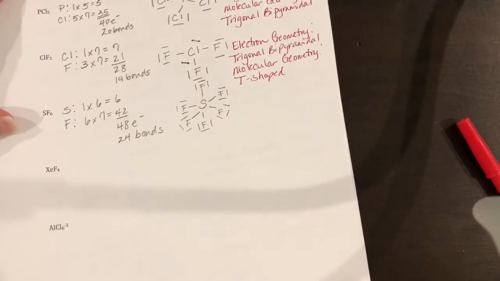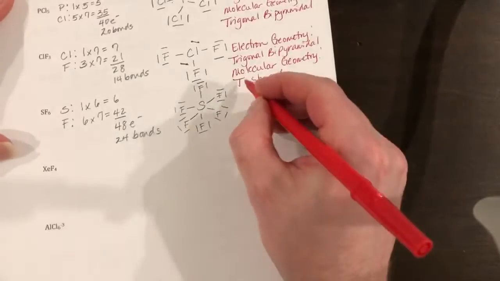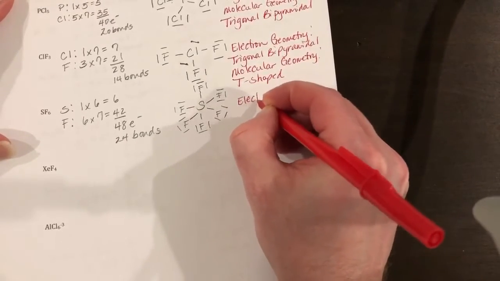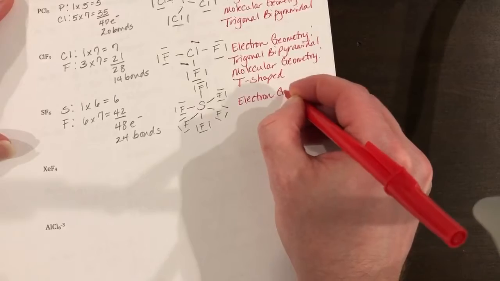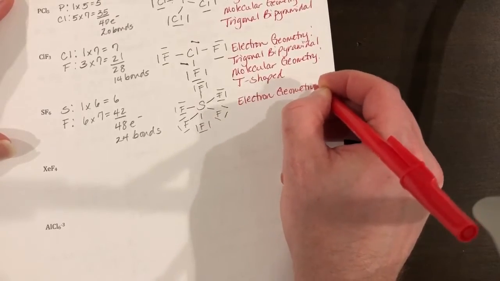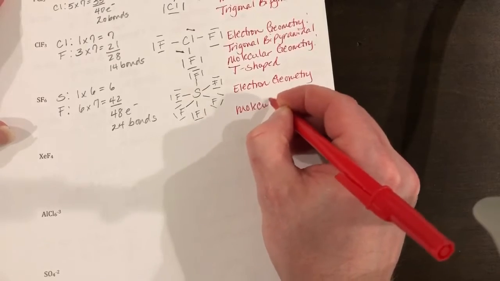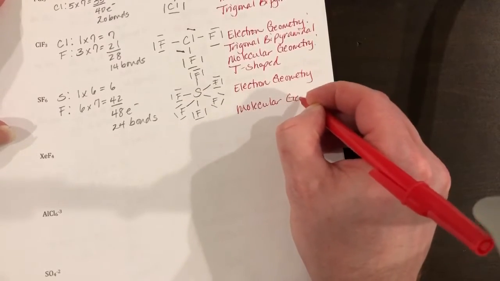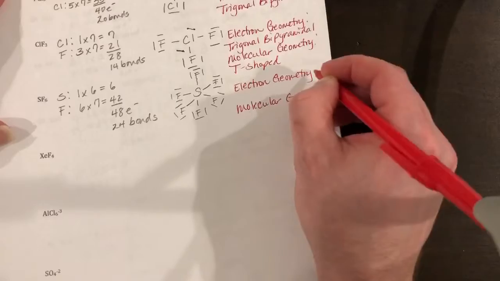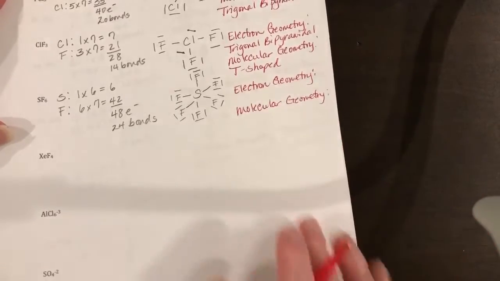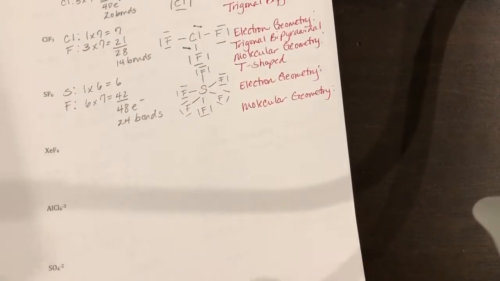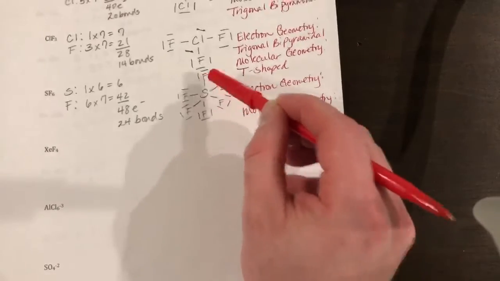Okay, so we're going to do our electron geometry. And our molecular geometry. Okay, so we have 6 electron domains, 1, 2, 3, 4, 5, 6, and 0 lone pairs.